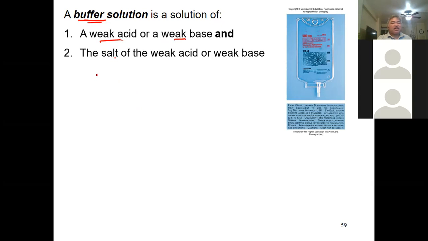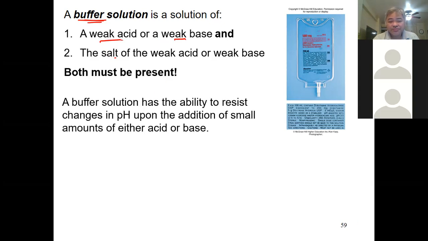So kapag may strong acid ka na, kung na-memorize mo na yung strong acid, strong base list natin, right away you can predict if it's an acid or a base. Okay? So both of them must be present. Now, a buffer solution has the ability to resist changes in pH upon addition of small amounts of either acid or base.